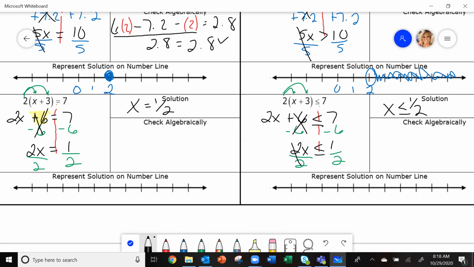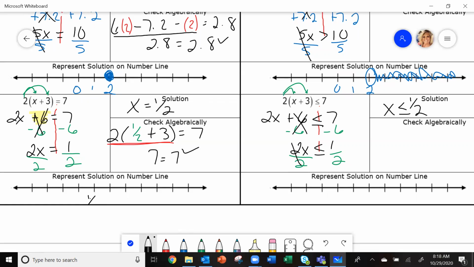I'm going to skip down here on the number line. If you did the checking algebraically, let's just do this. 2 times x plus 3 equals 7. You would put 1/2 in here. And then when you put this in the calculator, you would get 7 equals 7, and it checks.